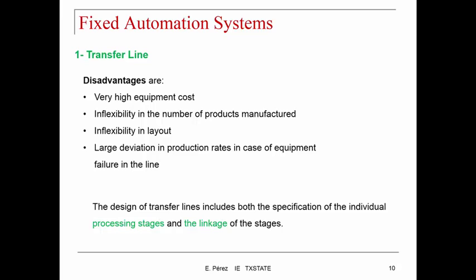But that's not the case with other manufacturing strategies, such as cellular manufacturing. For instance, you're going to have a cell that can be replaced with another one, and then you can continue your production. The design of transfer lines includes both the specification of the individual processing stages and the linkage of the stages.